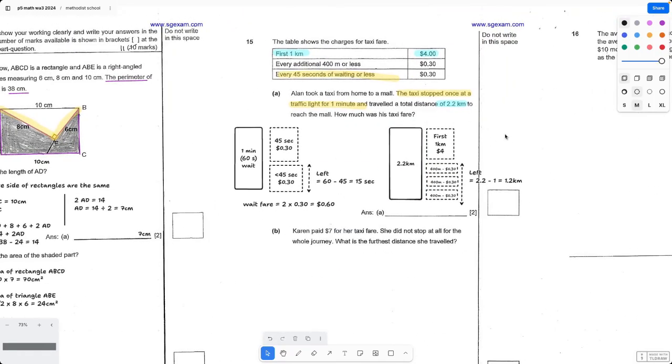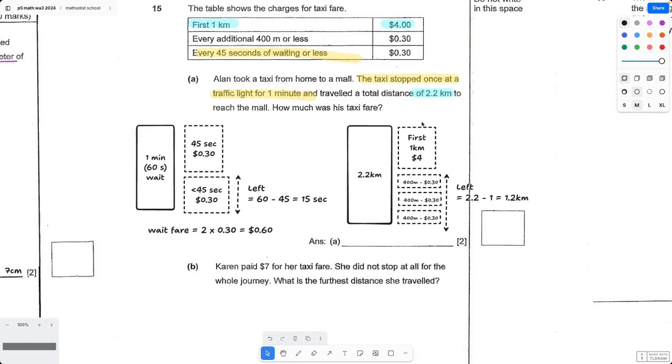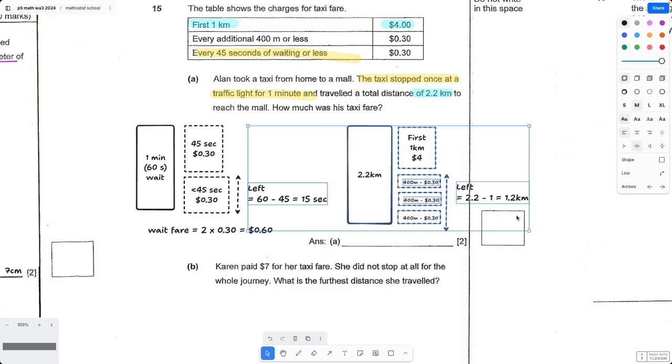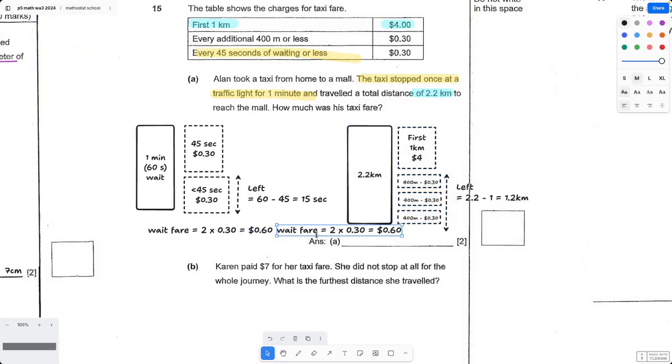So we just need to combine the total. This is the travel fare. So the wait fare, then the travel, which is basically 4 plus 0.30 times 3. So 0.30 times 3 is 0.90, which gives dollars 4.90.